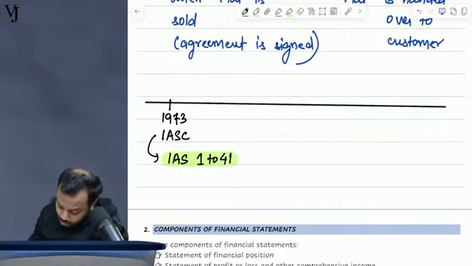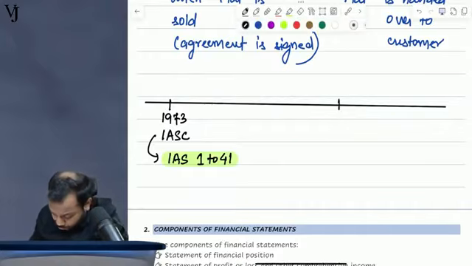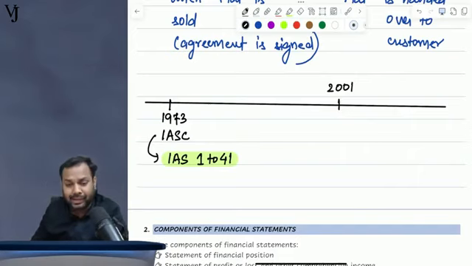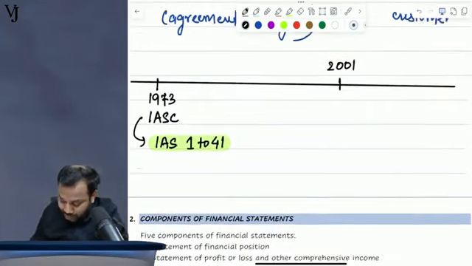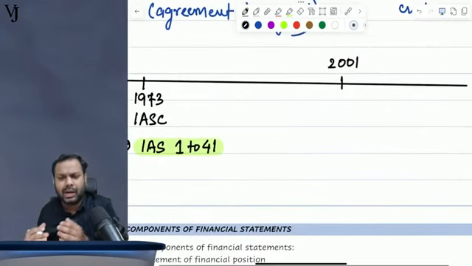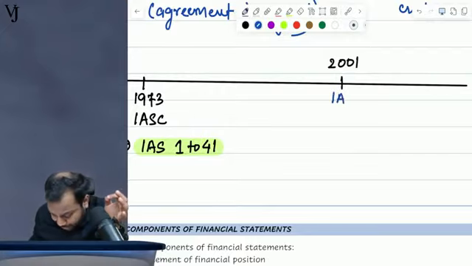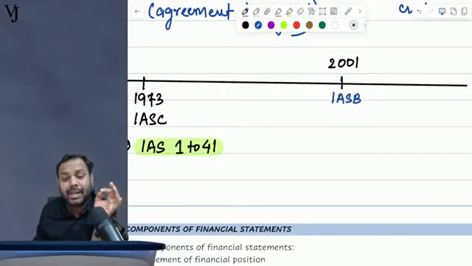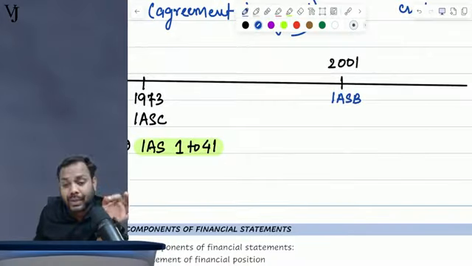So in 2001, IASC was removed and a new committee was set up, which was called IASB, the International Accounting Standards Board.